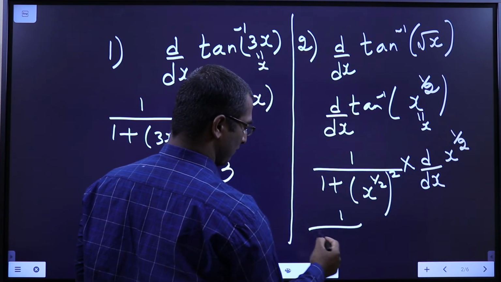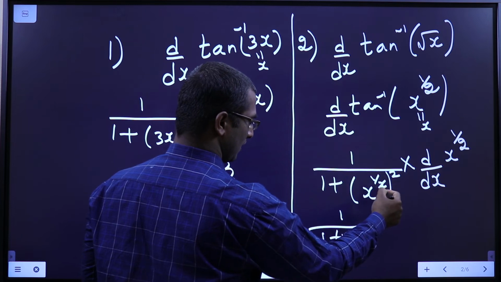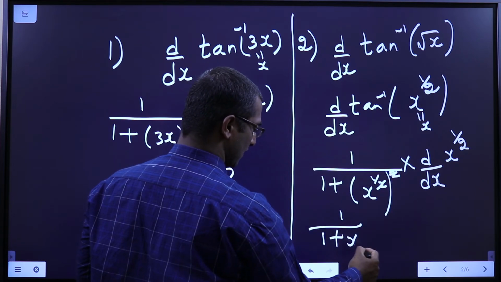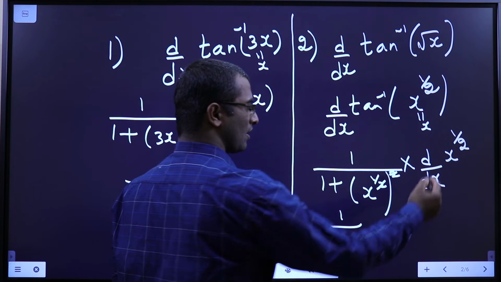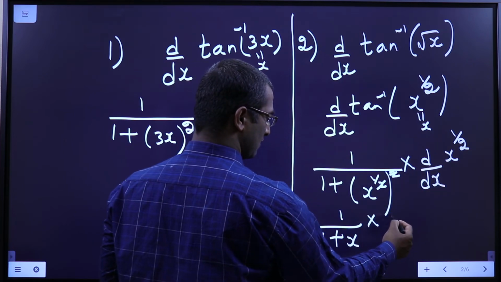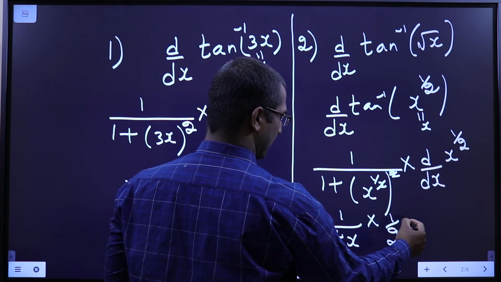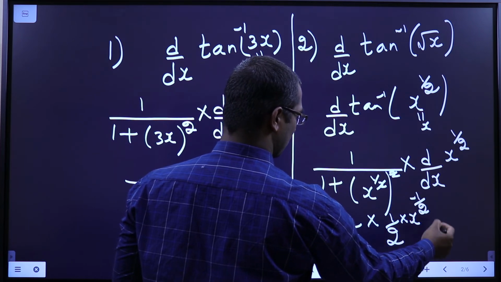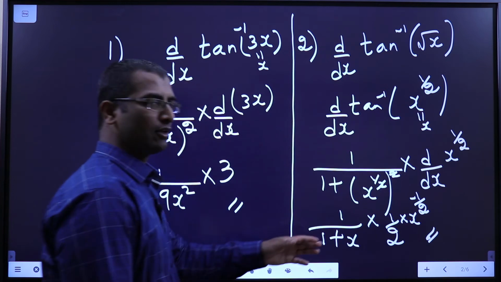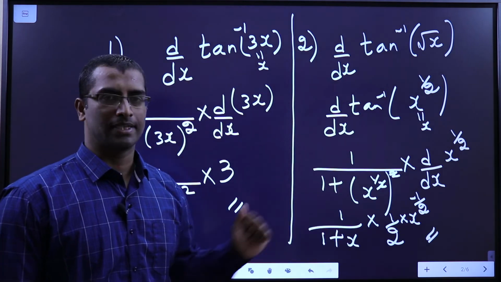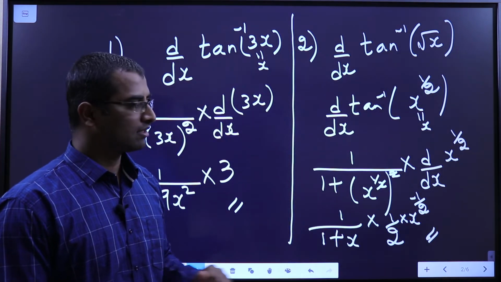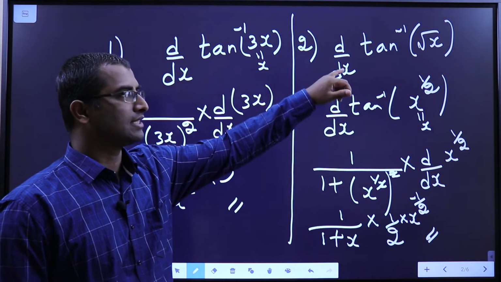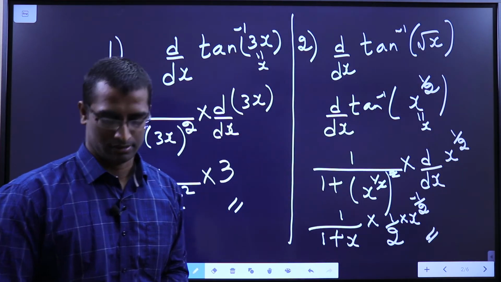So that will become 1 by 1 plus, here the square and the 2 will get cancelled, left with only x. The derivative of x power half is n into x power half minus 1, so minus 1 by 2 I will get. I don't need to simplify now, we'll simplify while doing sums. As of now, understand how this formula is applied.